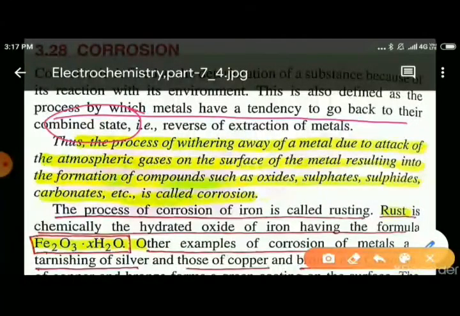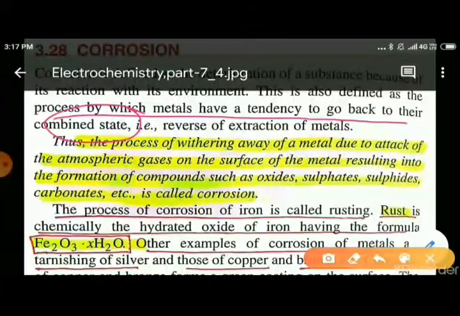Metal reacts with atmospheric gases and gets corroded. In short, we can say that the reverse of extraction of metal is known as corrosion.